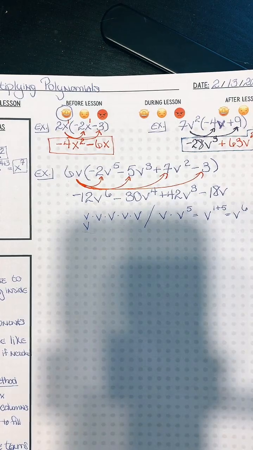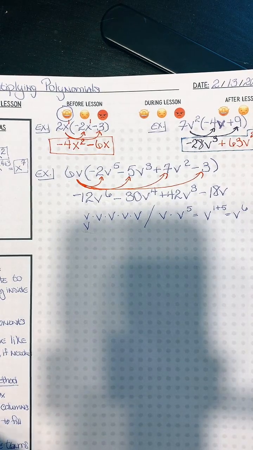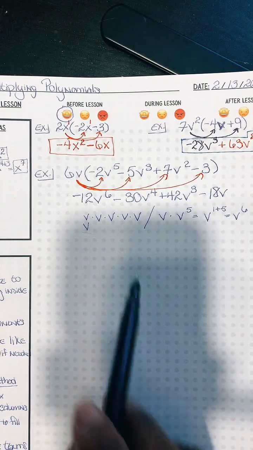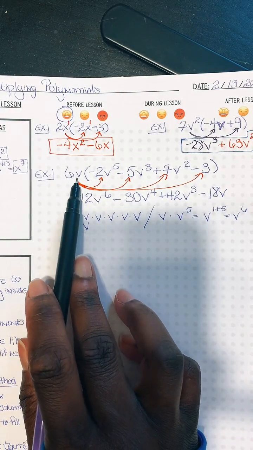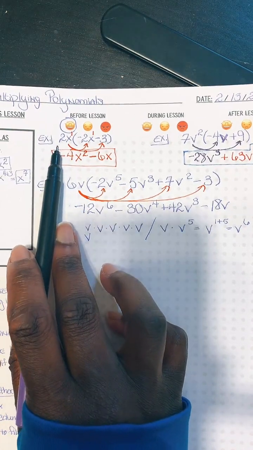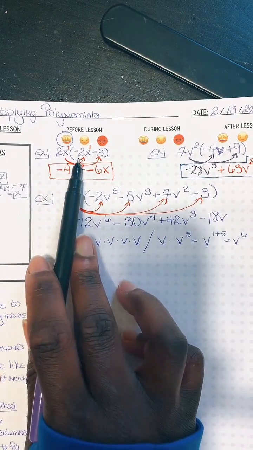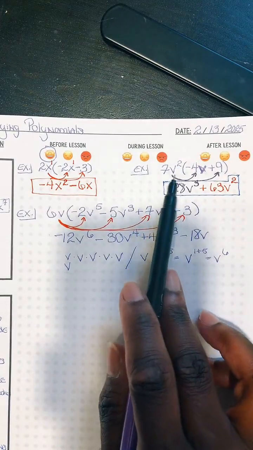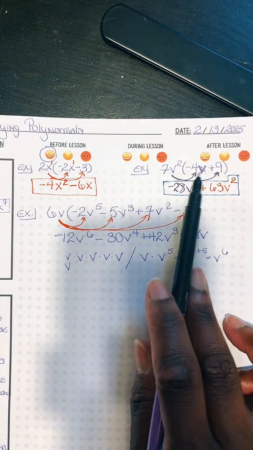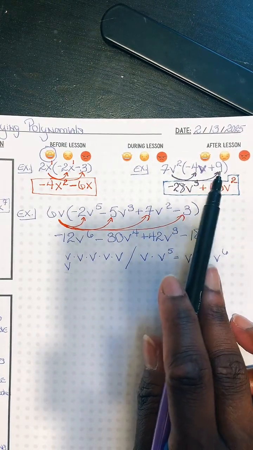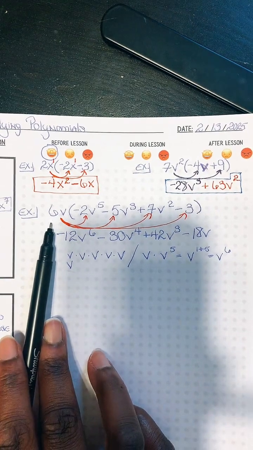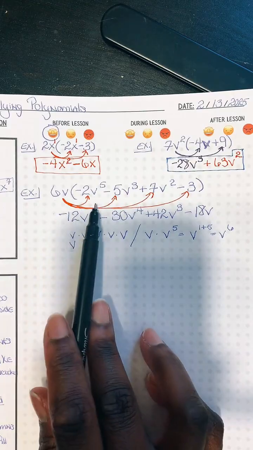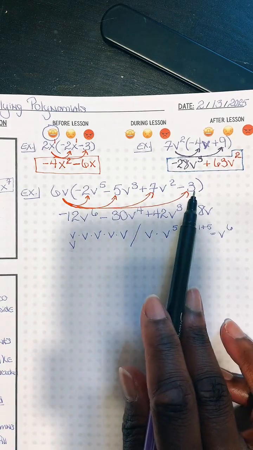Okay? So now we're going to step it up a little bit. So we were multiplying a monomial with a binomial. Monomial means one term. With a binomial, that means two terms. The last one, we multiplied a monomial with a polynomial.